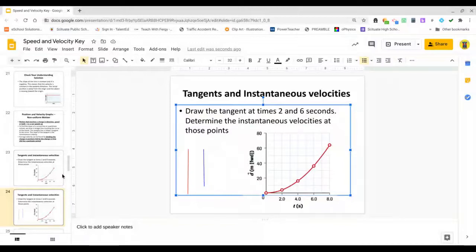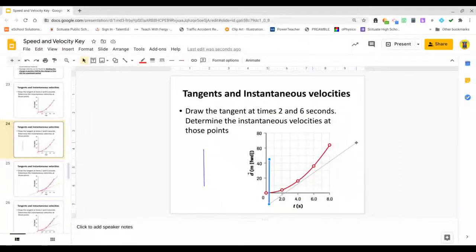So basically, move it over here. If this was a piece of paper, I could just take a ruler and try to line it up to get tangent on that data point at 2 seconds. But doing this on screen, I have to move things around a little bit.